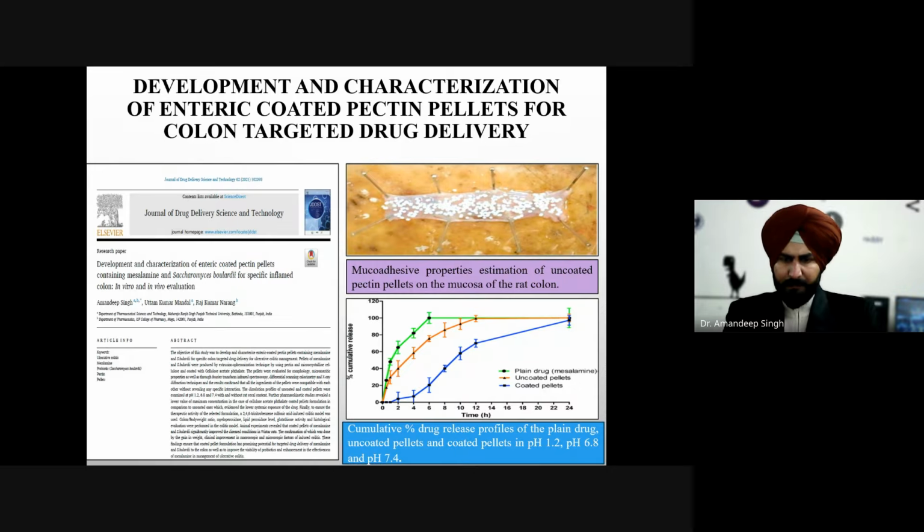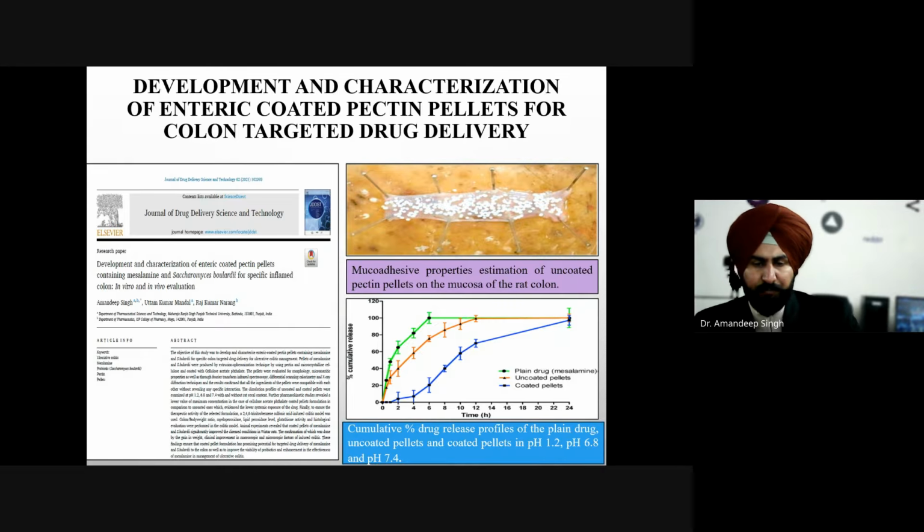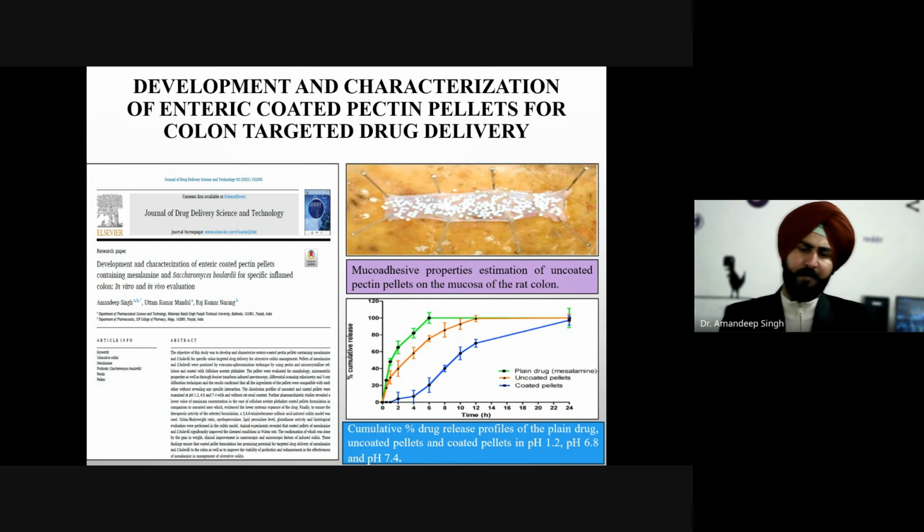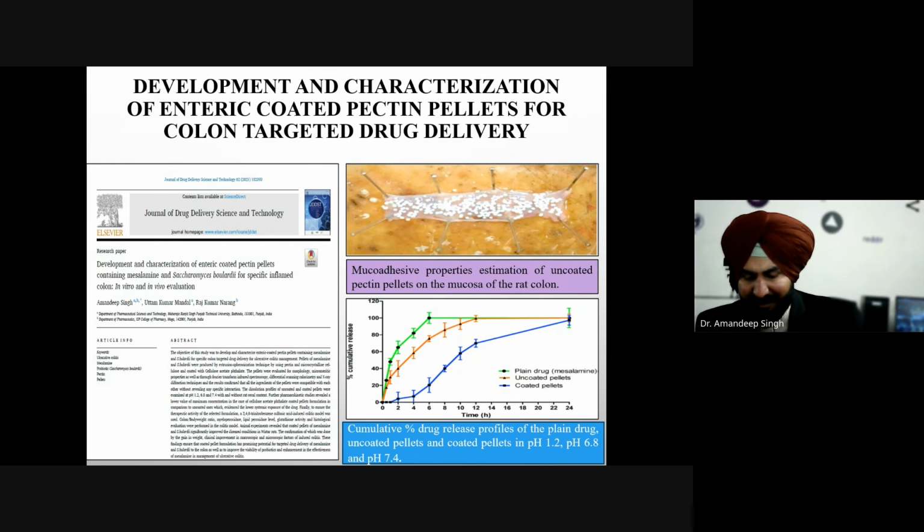This is a research paper I have shared with you from my research. At that time, pellets were formed by the polymer pectin, which is a mucoadhesive polymer, as well as polysaccharides. The probiotic utilized was Saccharomyces boulardii. The purpose of this major work is that in case of colitis, the layering of the colitis is also rapid and the concentration of the colonic microbiota is also reduced.